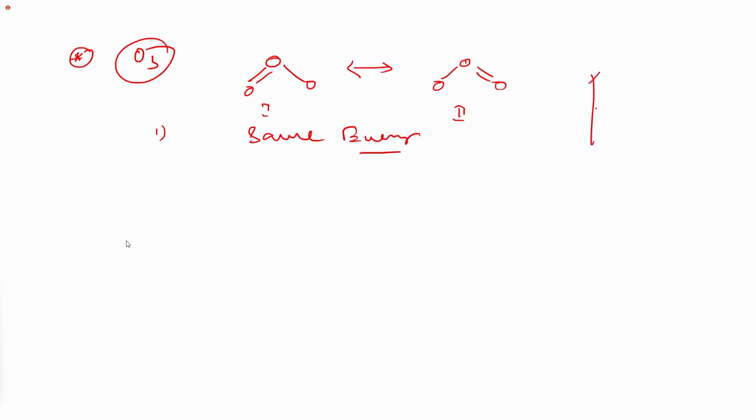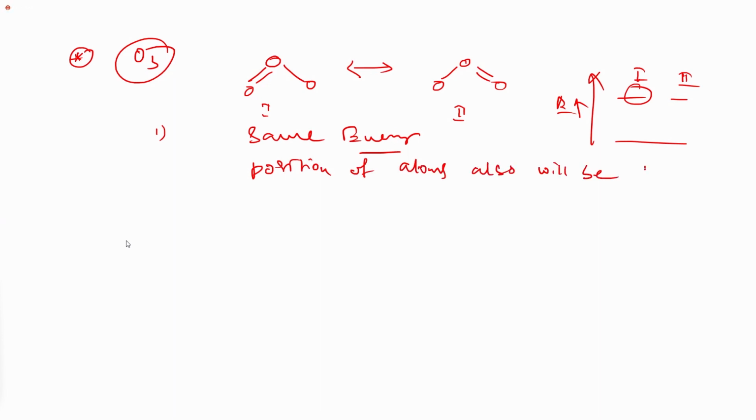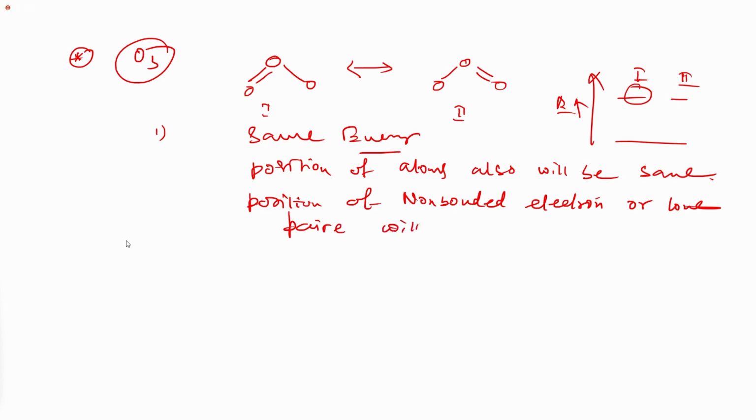If you draw an energy profile diagram, the energy of the two canonical forms will be the same. The positions of the atoms also will be the same, but the positions of non-bonded electrons, or lone pairs, will change.